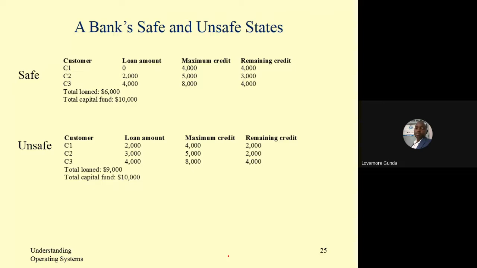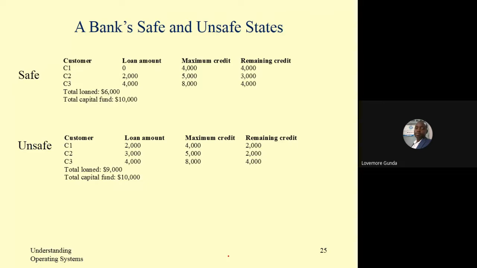That means it still has 3,000 they can take. Customer number 3 takes 4,000, but there's a maximum credit of up to 8,000, and then the remaining credit is 4,000.